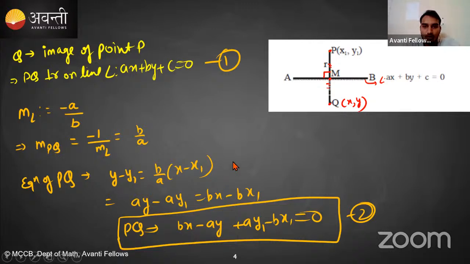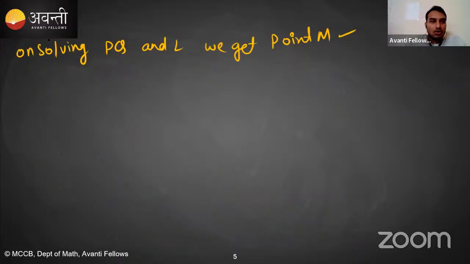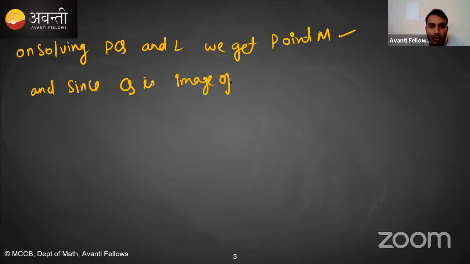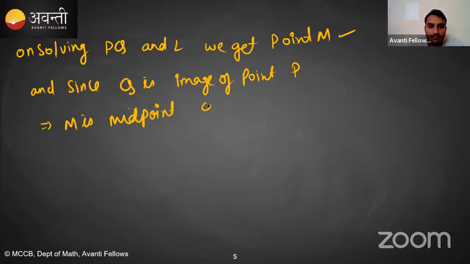Clear? Okay. If it is clear, so on solving PQ and L we will get point M, and since Q is the image of point P, it implies M is the midpoint of PQ.